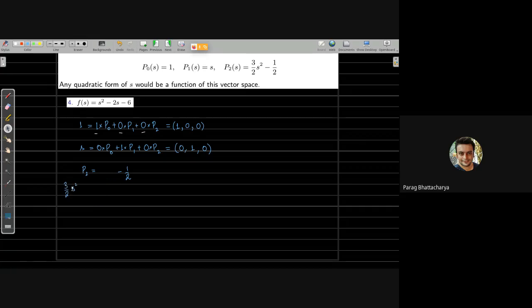So S square, we bring it on this side, and P2 we bring it over here. So when you get this here, this will become plus, right? So we'll get a plus here, with a plus here. Then multiply this throughout by 2 by 3.